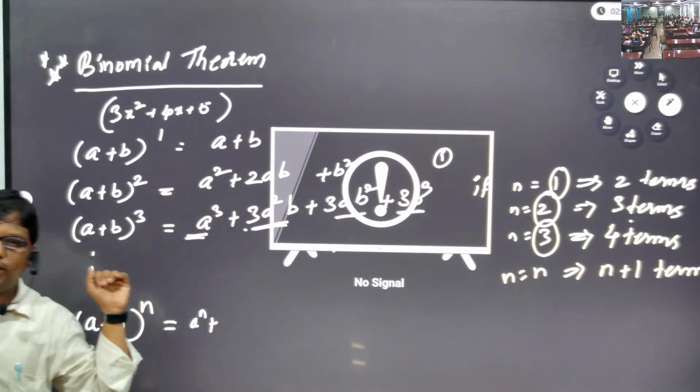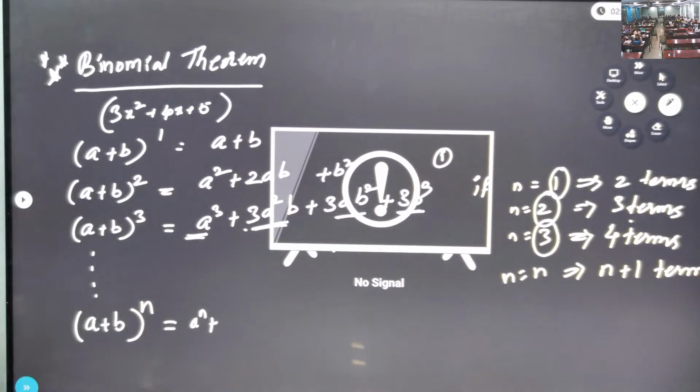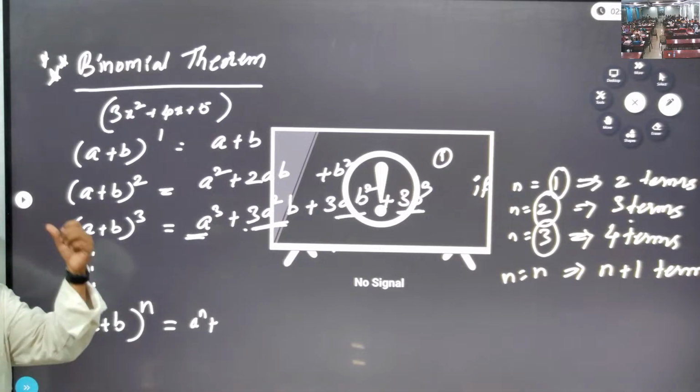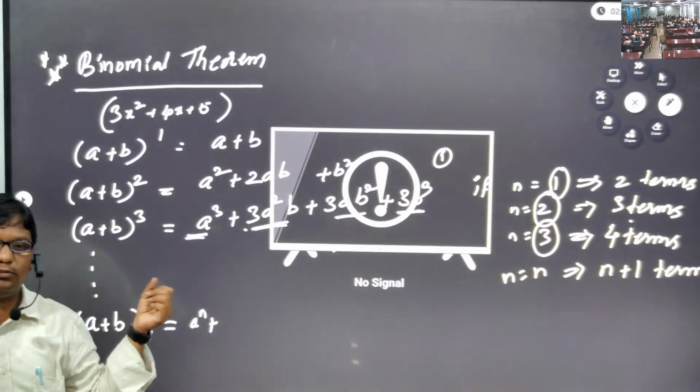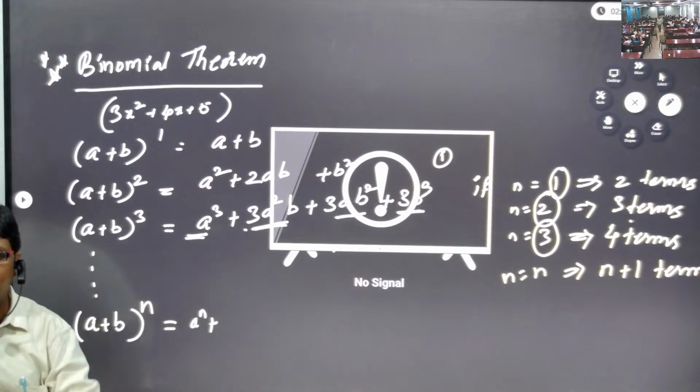The second point we need to remember: if n is, for example, 1, you will be getting n + 1 terms. And when you check the values, the powers in each term must add up to your n value.